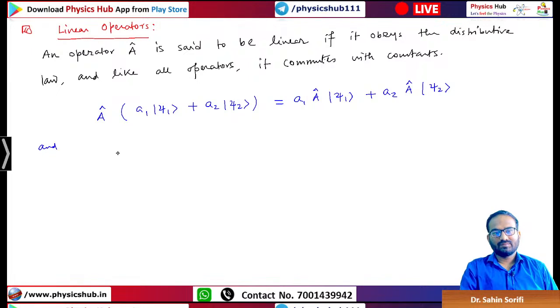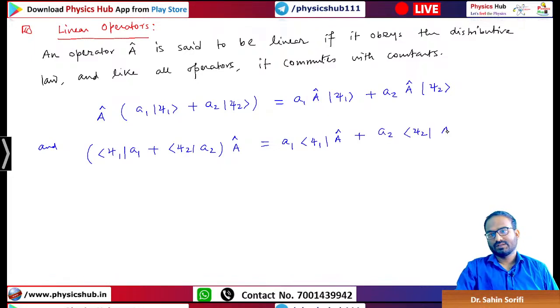On the other hand, if you apply it on some bras, let's say c1 bra psi 1 plus c2 bra psi 2, the operator acts from the right, so this will become c1 bra psi 1 A plus c2 bra psi 2 A. So this is how a linear operator works.